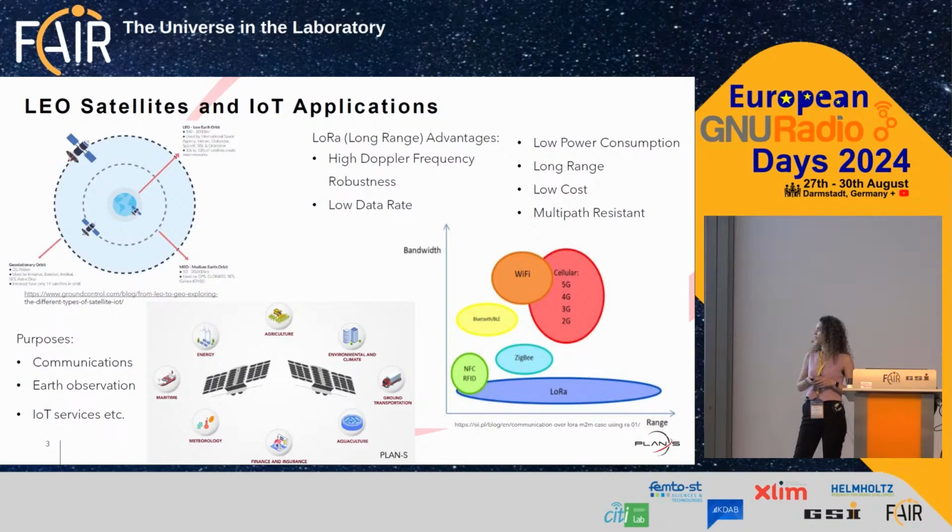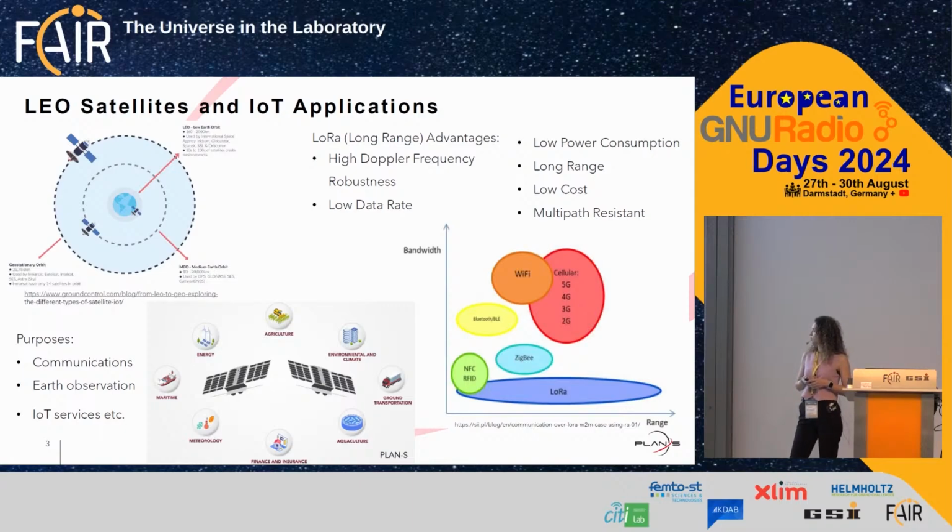NTN means non-terrestrial network, and NTN IoT applications are increasing because more companies are entering the NTN IoT system. LEO satellites are used for several purposes, such as communications, Earth observation, and IoT services.